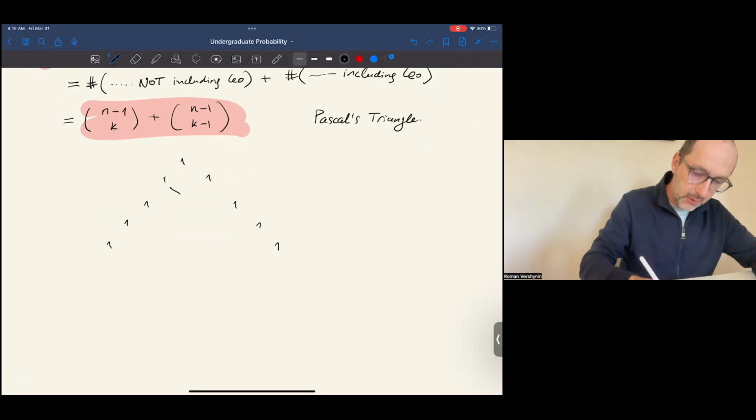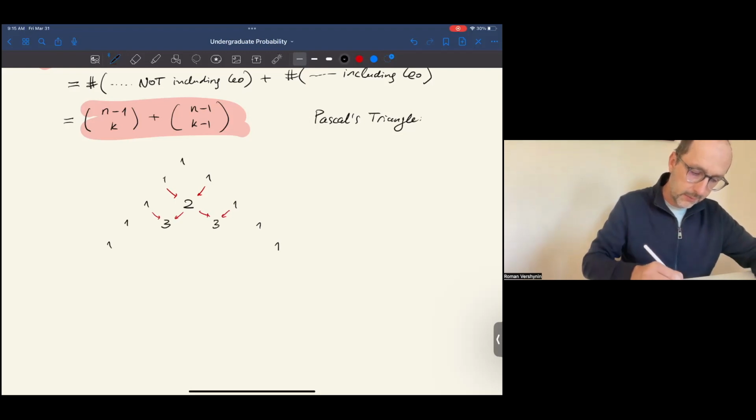So here I sum this one, and I get a 2. Now I'm summing 1 and 2. I get 3. Summing 2 and 1, I get 3. Summing 1 and 3, I get 4. Summing 3 and 3 gives me 6. Summing 3 and 1 will give me 4.